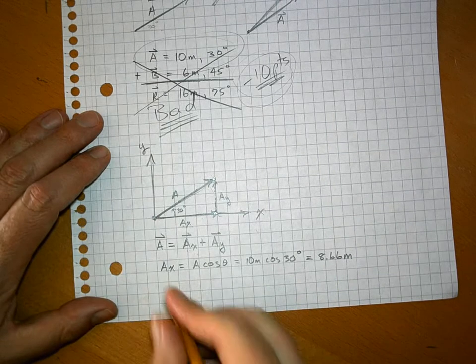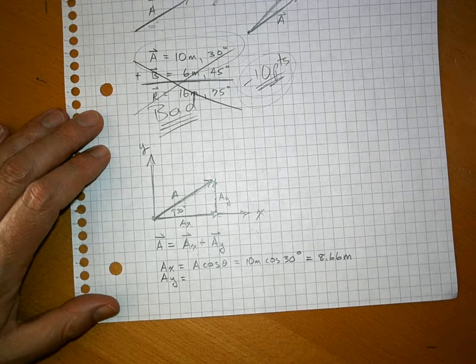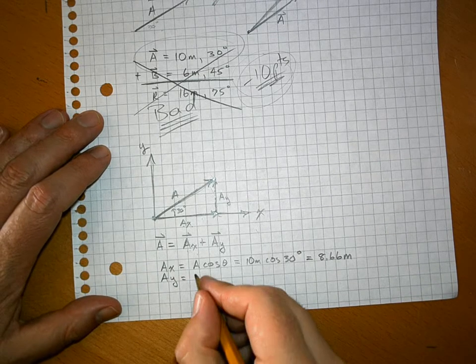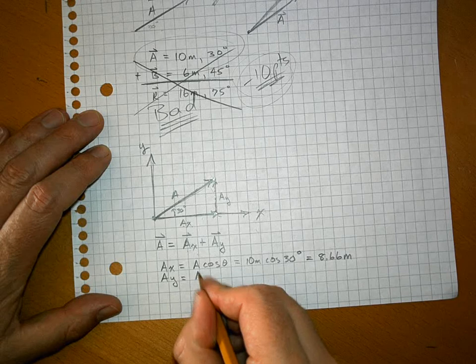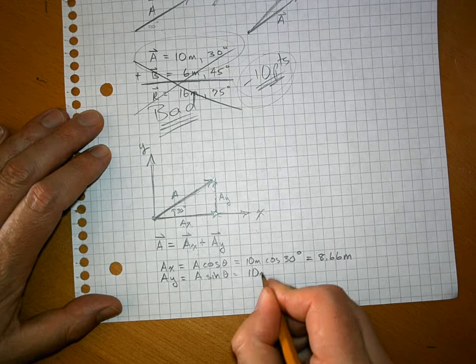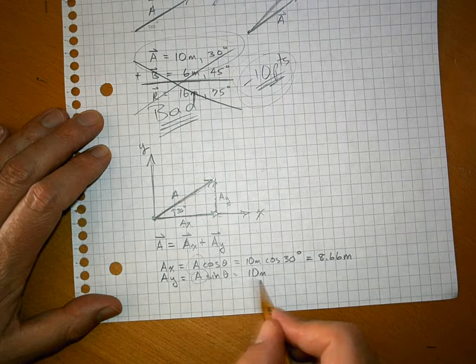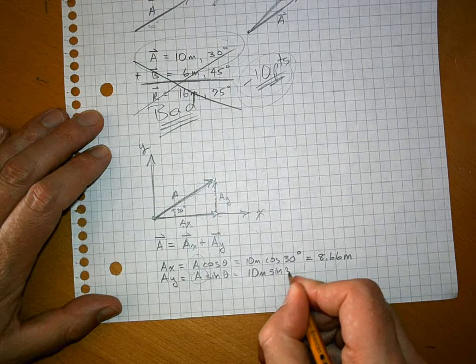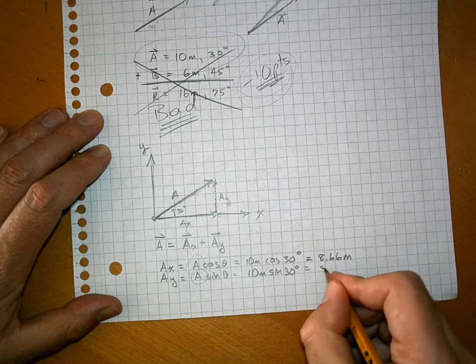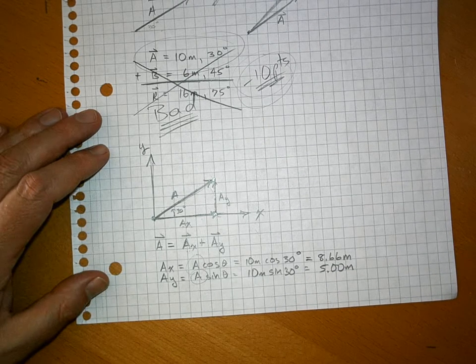Now, what is A in the Y? It's equal to A times the sine of theta, which is 10 meters, the magnitude of A, times the sine of 30 degrees. And I think you can all see that that's just 5 meters.